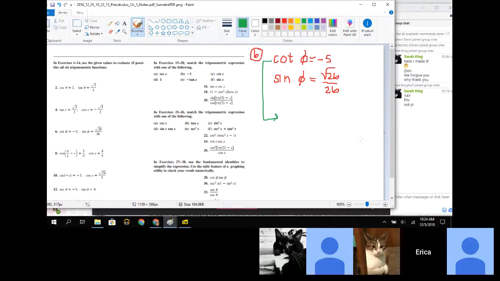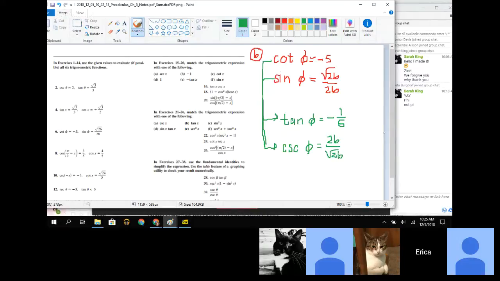The reciprocal of the cotangent is the tangent, and the tangent of phi is just going to be 1 over 5, and it's still negative. So now we're halfway done, right? Also, we're going to do the reciprocal of sine, which is cosecant of phi. Again, all we have to do is flip the numbers.